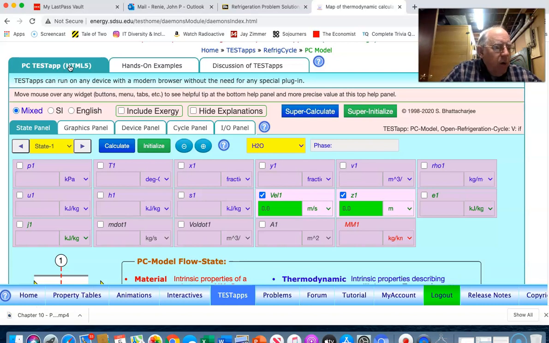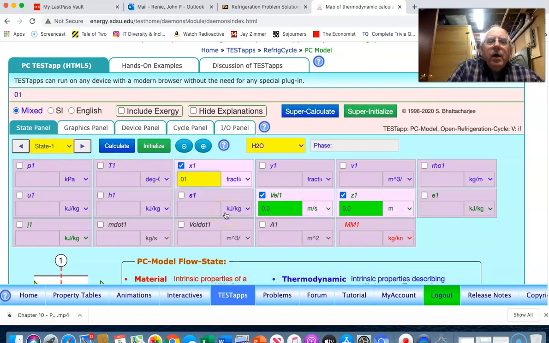What we're interested in determining is the pressure associated with state 1. Again, we know that it is a quality equal to 1 coming out of the evaporator, and we know the temperature.